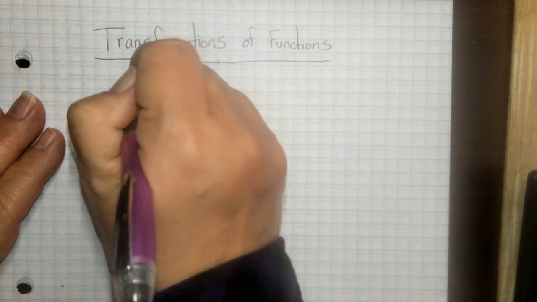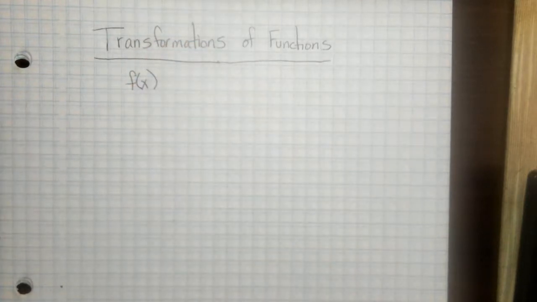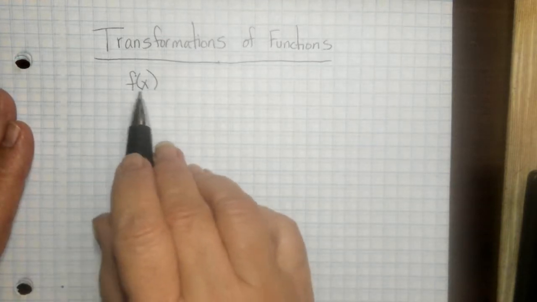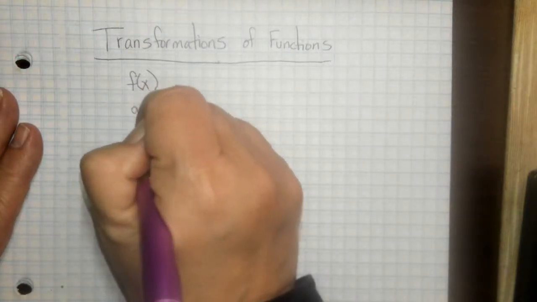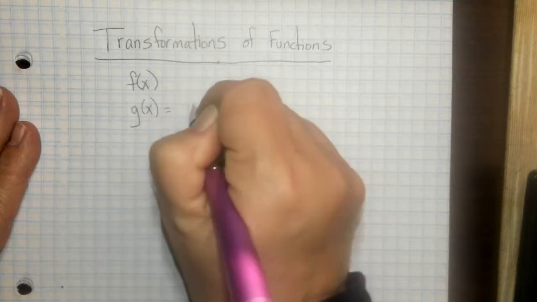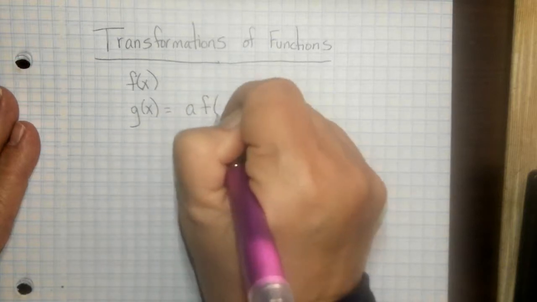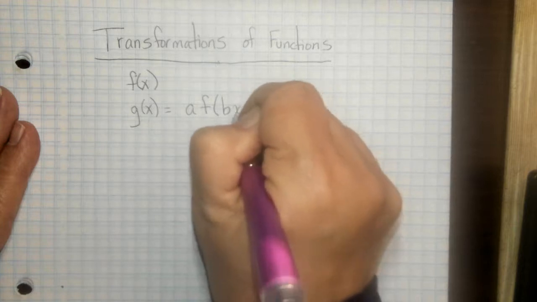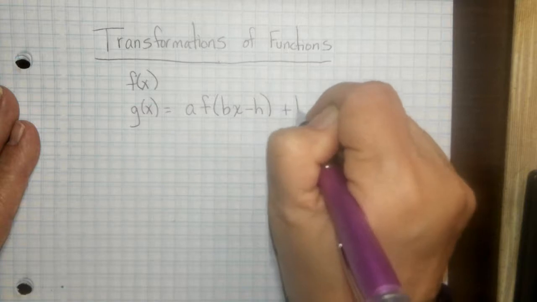So if I have a function f of x, okay, so some function is performed here. And then I take g of x as a transformation of that. And I'm going to have a times f of b times (x minus h) plus k.